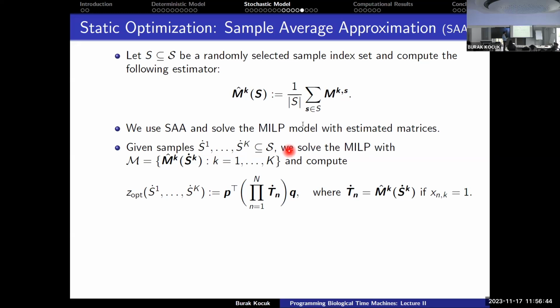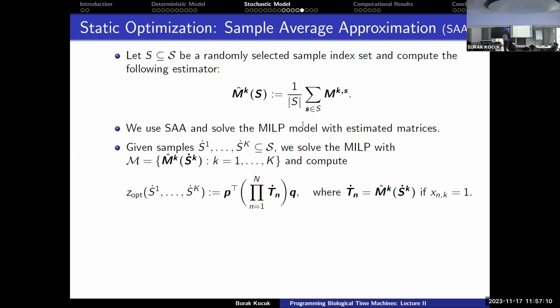And then you compute its objective function value, which is this matrix pre-multiplied by the vector. Okay, so this is all that we can do. But just because I call this the opt doesn't mean that it is the optimal solution, right? It is the optimal solution for this particular selection.